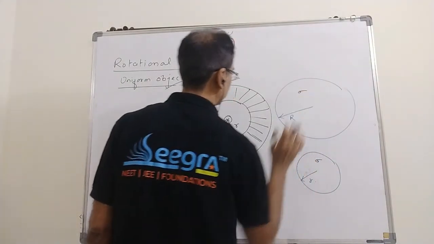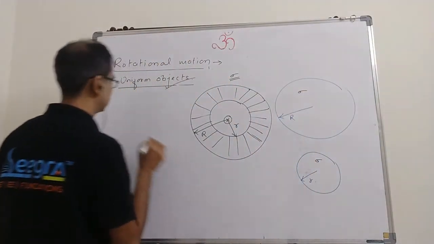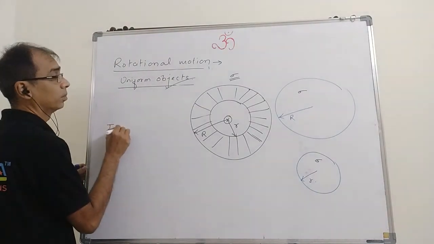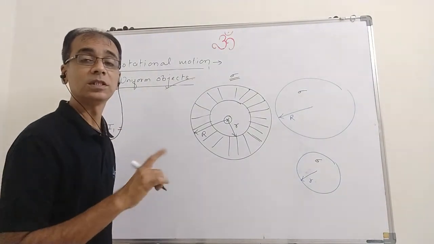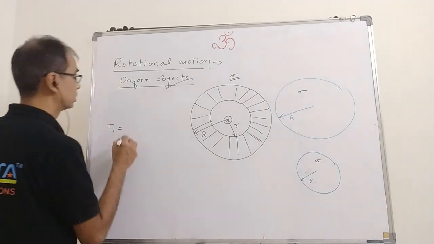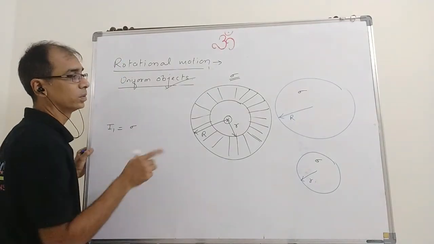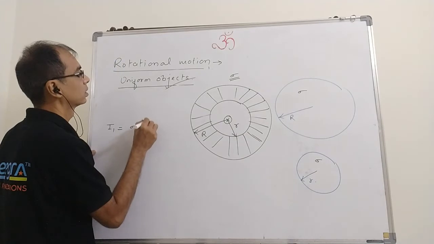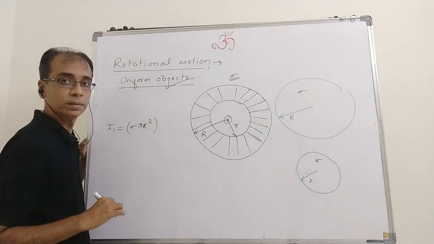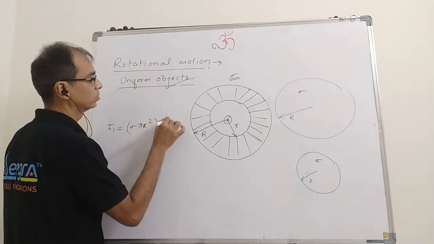So the moment of inertia of the entire disk I am writing as I1. I1 is mR square by 2. What is m? Sigma into area, so sigma into pi R square, this is the mass, into R square by 2. Very simple.